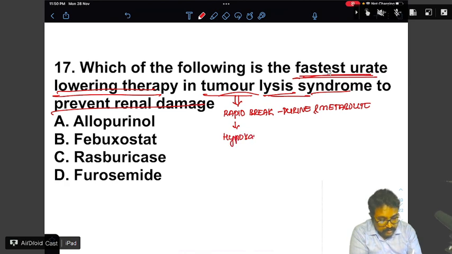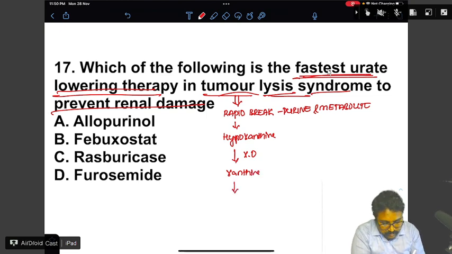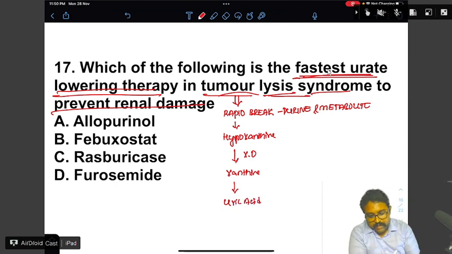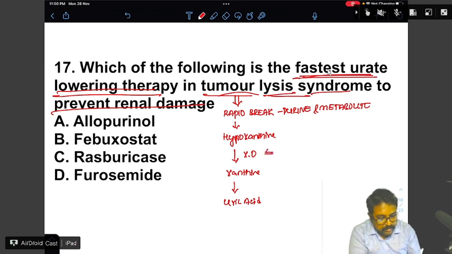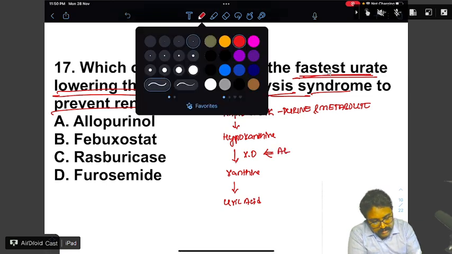hypoxanthine. It will form hypoxanthine, and with the help of xanthine oxidase it forms xanthine, and it will be excreted in the form of uric acid. So what happens if you give allopurinol, which is an inhibitor of xanthine oxidase? Let us take another color.